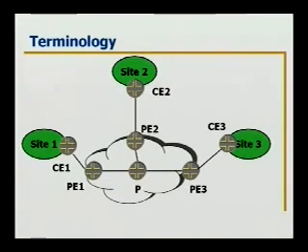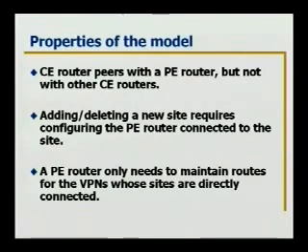So we have CE routers peering with PE routers, and they don't peer with other CE routers. And when adding or deleting a new site, all that it means is we need to configure the PE router connected to the site.